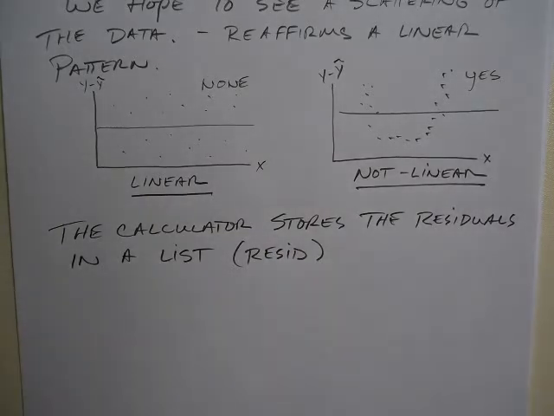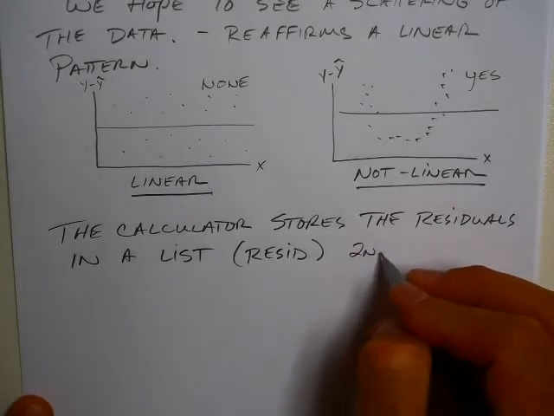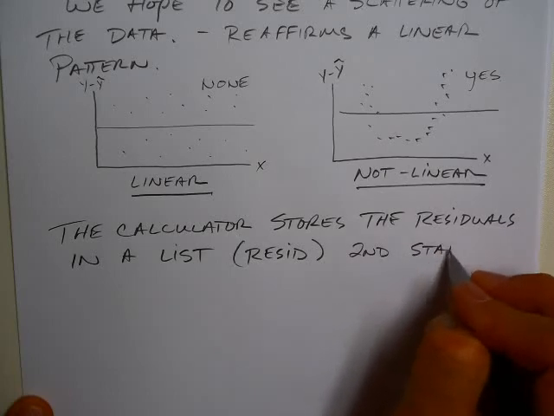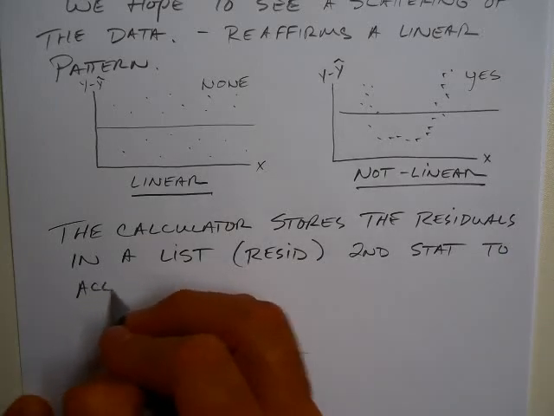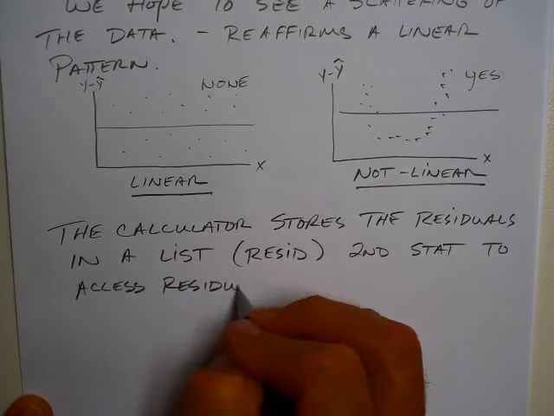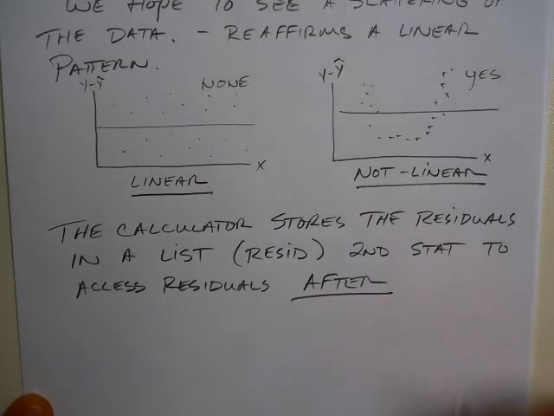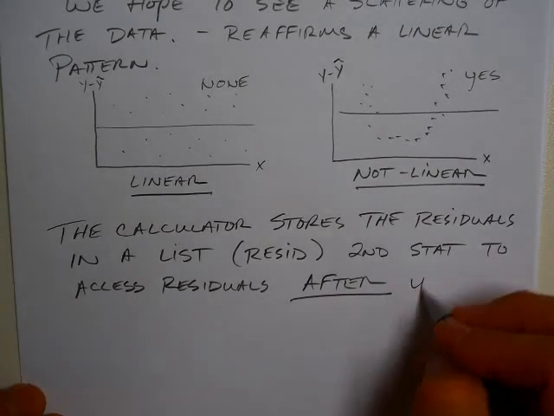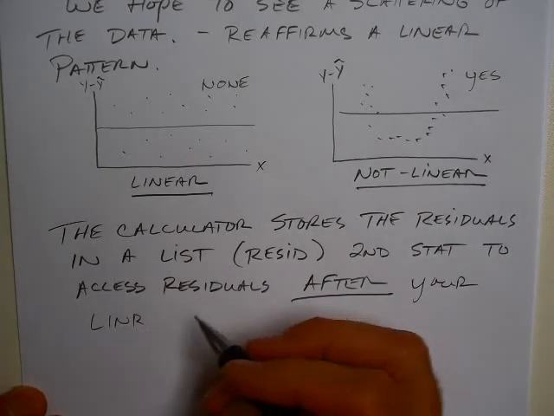And to get that list, the first thing you have to do is make your line reg calculation. So to get there, you go second stat, which is your list, to access the residuals, after your line reg a plus bx calculation.